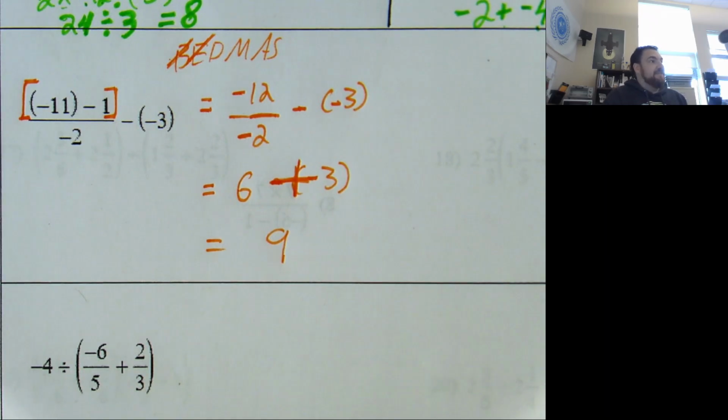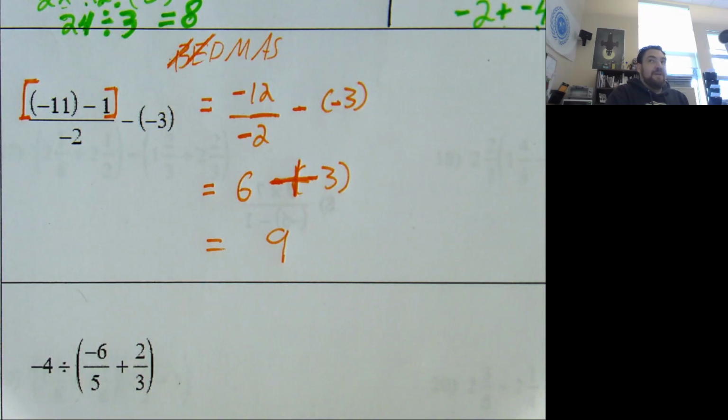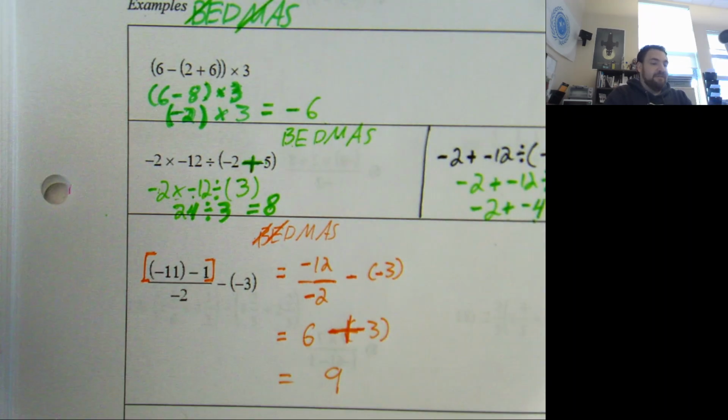Adding two negatives makes it more negative. Taking away two positives is going to drive you down. Taking away a negative is going to make you better. When you take away a negative, things get less negative. This is all stuff we've done before.